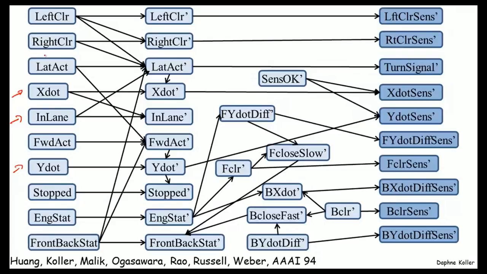There are contextual variables, such as left clear and right clear. The engine status, for example, as well as what the driver is currently doing, for example the forward action and the lateral action.